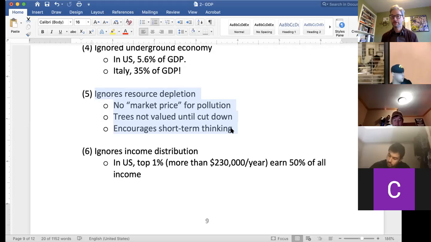Instead of encouraging investments for the future, it encourages you to spend now. It also doesn't include, as we talked about earlier, the market prices of pollution, global warming, changes in climate. None of this is really showing up directly in GDP because, once again, it's not directly related to spending.